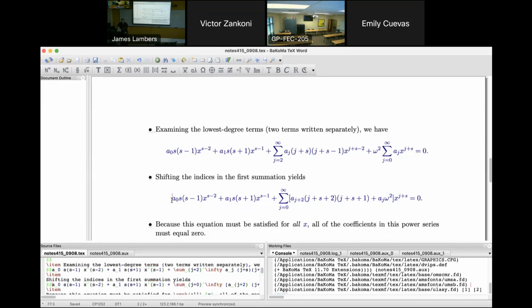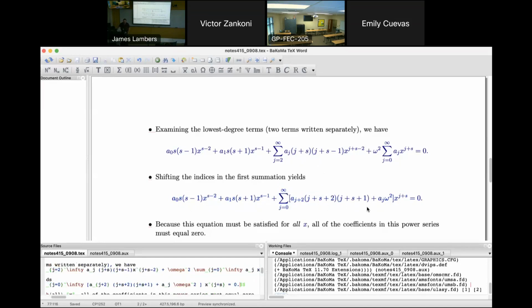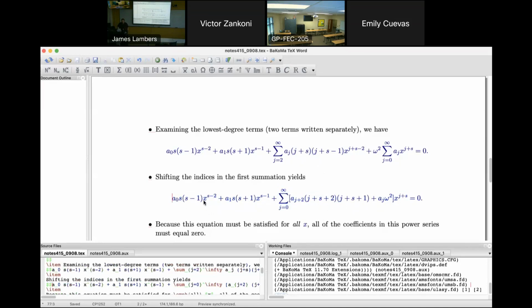Okay, this equation has to be satisfied for all x. So what that means is all coefficients of any power of x in this whole expression must be 0. So this expression here, a0 times s times s minus 1, must be 0.